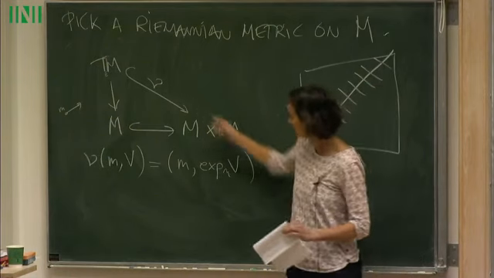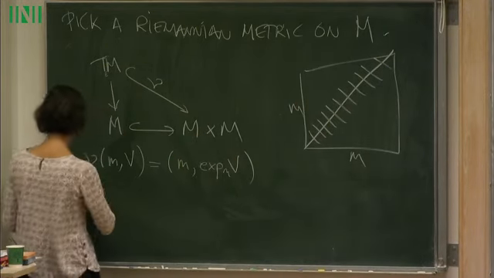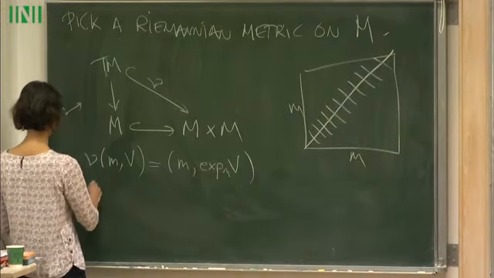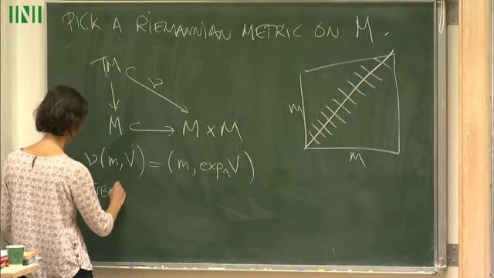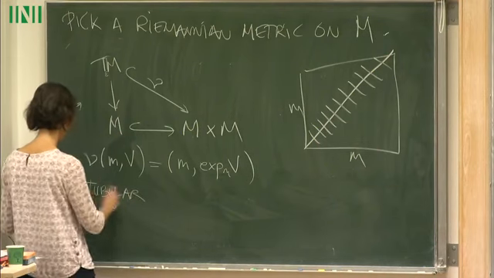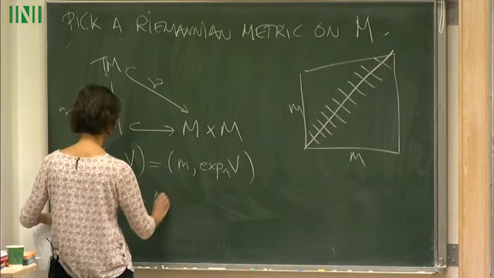Okay, so that gives you a neighborhood, and the image, the so-called tubular neighborhood, is what I just want to mean by the image.